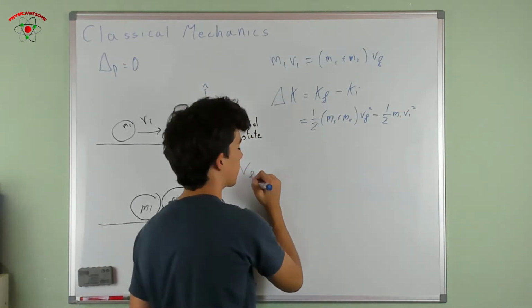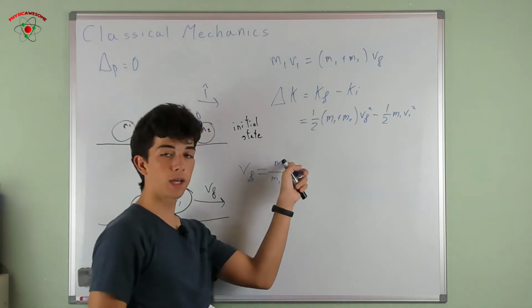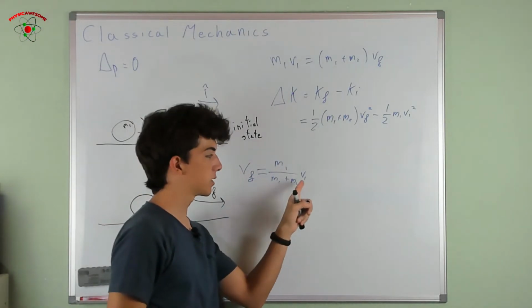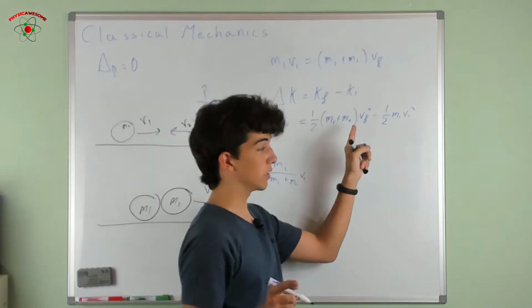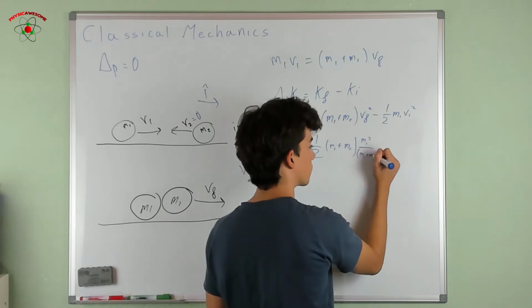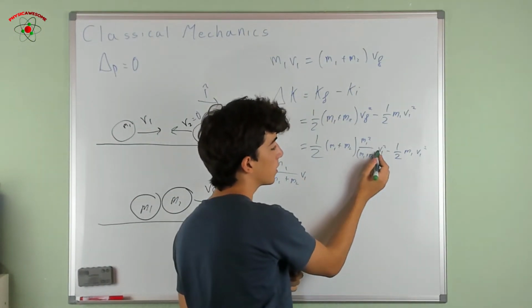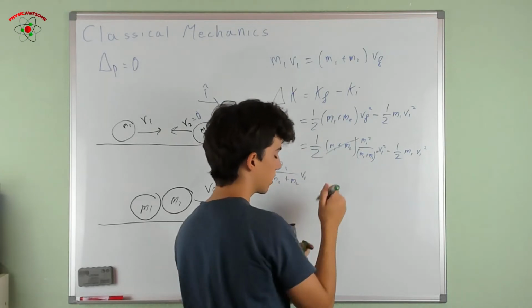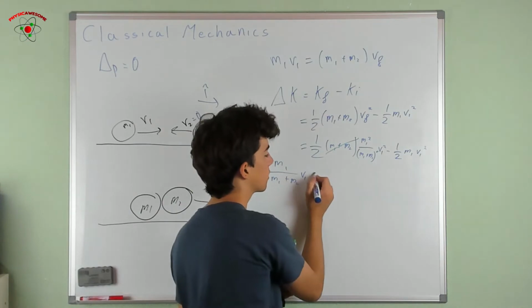We know that final velocity equals m1 over the sum of the masses times our initial velocity of object 1. Therefore, we can substitute this in here and find that lots of it simplifies. We can also take the common product out of this and see.